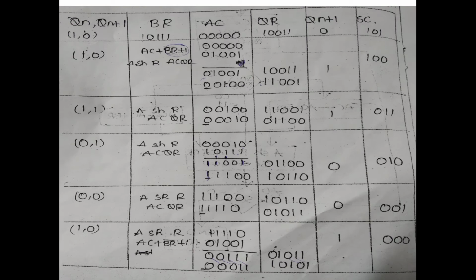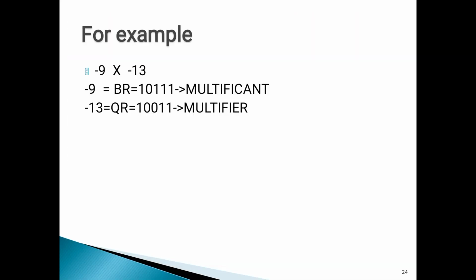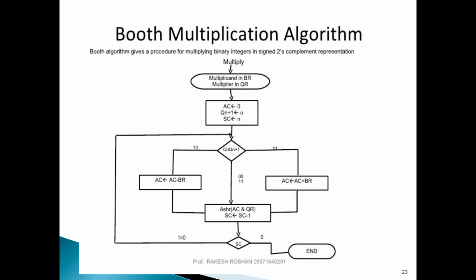So according to the flow chart, Qn value 1, Qn plus 1 equal to 0, then what will you do? To see this flow chart, if it is 1 0, then what will you do?